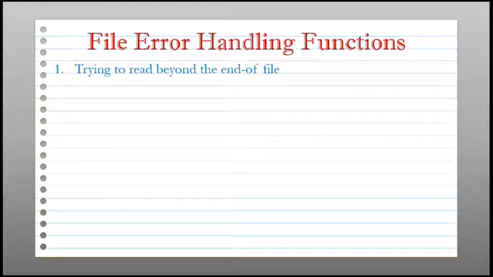Suppose there are 10 characters in the file, but we are trying to access more than 10 characters. This kind of thing is called reading beyond the end of file.